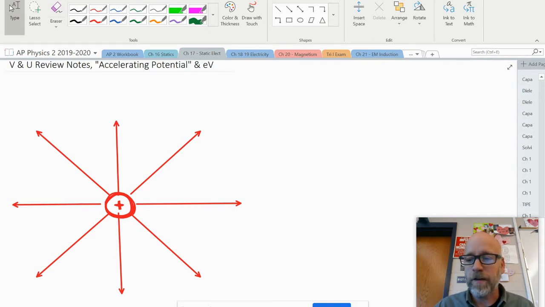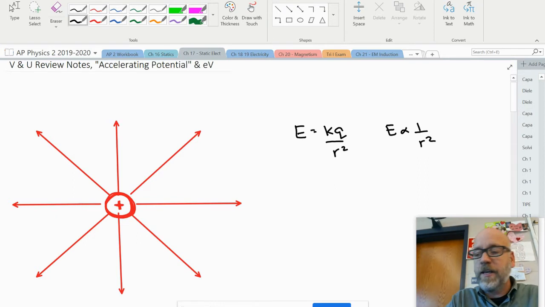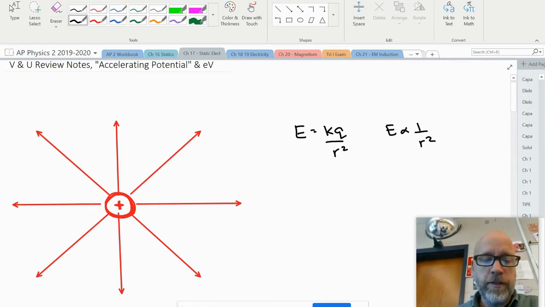Good. Now, just to remind you, if you look at this picture of a positive charge, what we are looking at is the electric field produced by a charge, and it's related to KQ over R squared. That clearly shows to me that the electric field is an inverse square relationship.